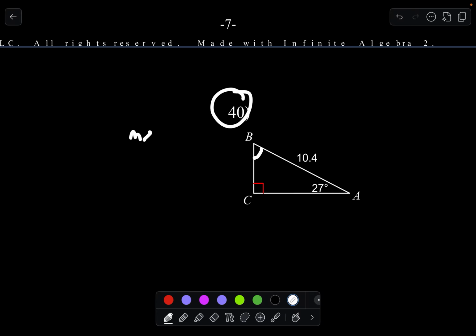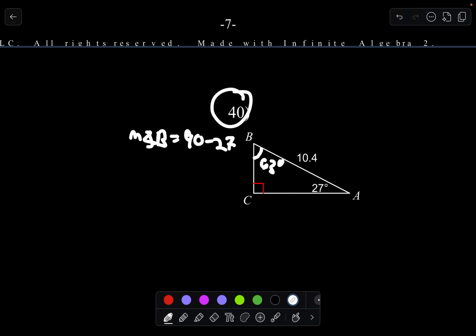Because remember, the sum of the interior angles of any triangle is 180, and if one of the angles is 90, that means the other two angles have to add up to 90. So 90 minus 27 gives me 63. So we know this is 63 degrees.